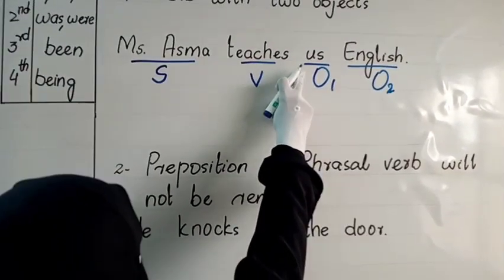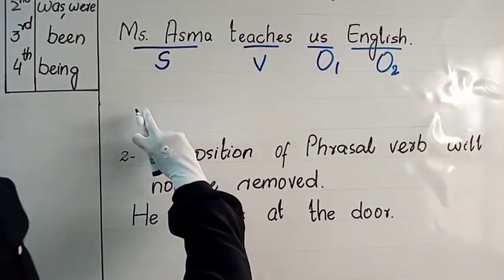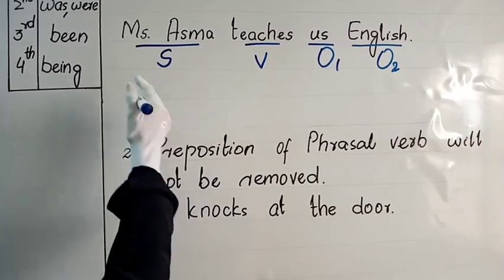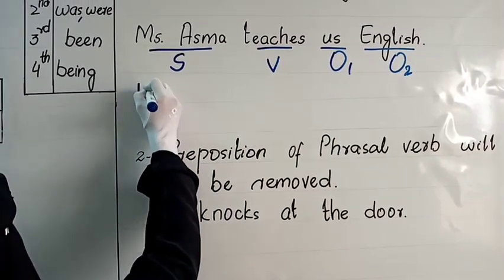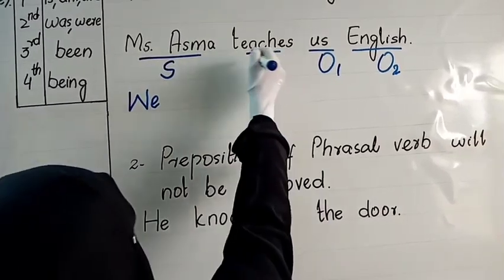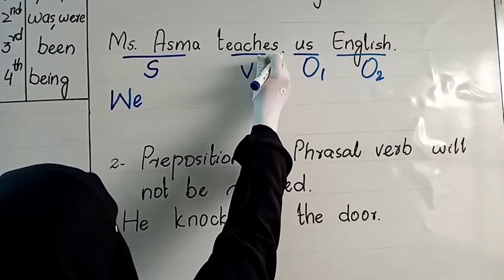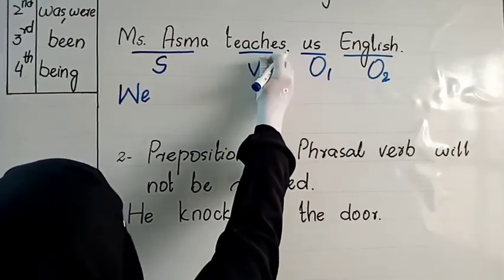So if we make our passive voice with the first object, it will be us. Object is us. So what will it be as a subject? Us will be we, right? We. And teaches. What is the tense of this sentence? Present simple. All right.